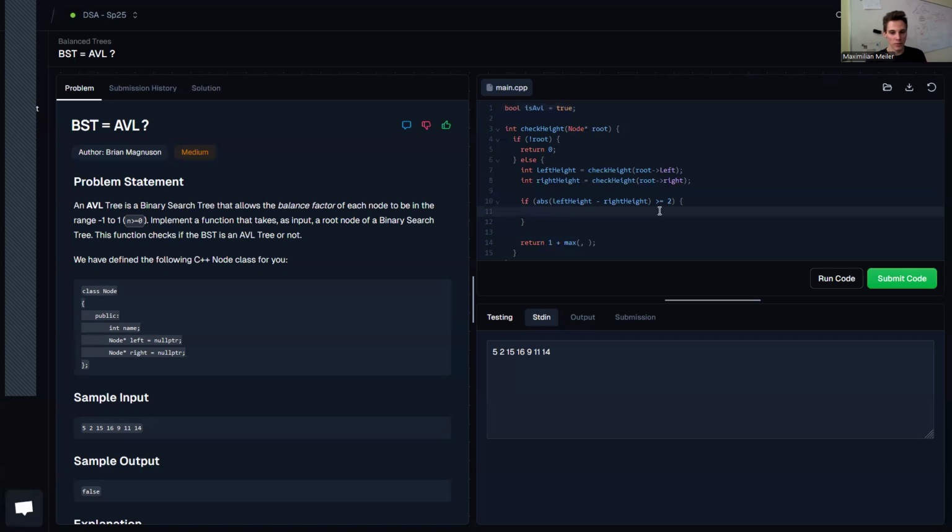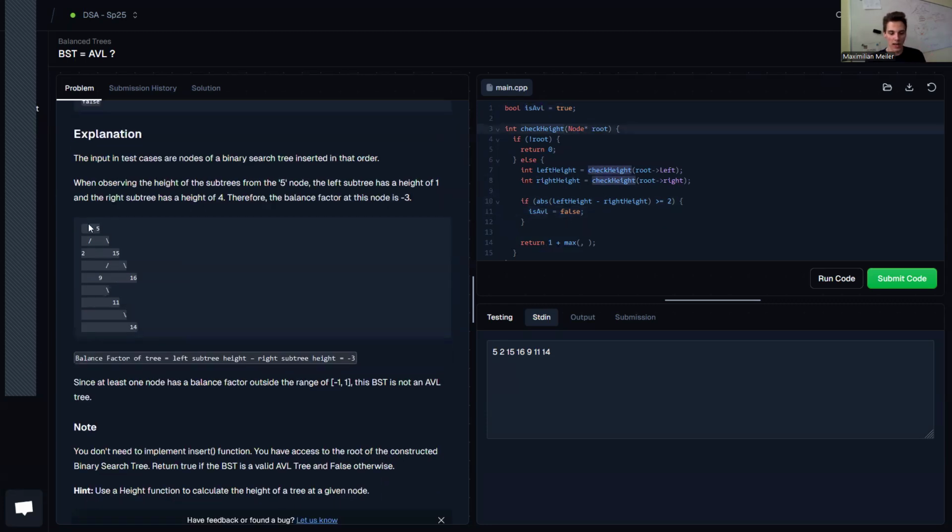And if we ever encounter a node with a balance factor greater than or equal to 2, or a difference in heights of subtrees greater than or equal to 2, we will set it to false. Because here we want this variable to be set to false if any of the check height functions on any of the nodes encounter an imbalance that's too great. And so this is why we'll use a global variable here.